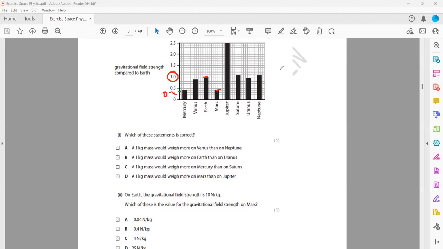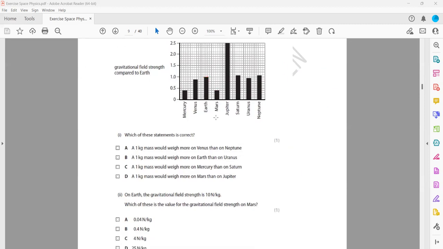So when you compare Earth with Mars, the ratio is 1:0.4. If Earth gravity is 10, the Mars gravity will be X, cross multiply, so it will be 4 Newton for 1 kilogram. That's why D cannot be a right answer, because D's gravity is much more than the gravity of the Earth. Option D is 25, but it should be less than 10.